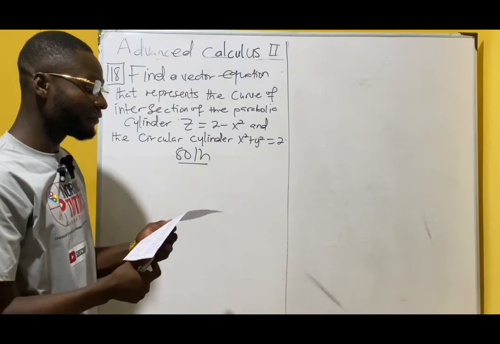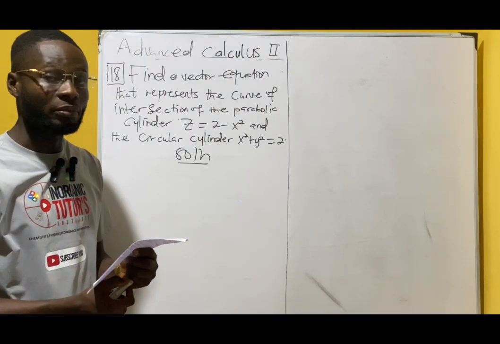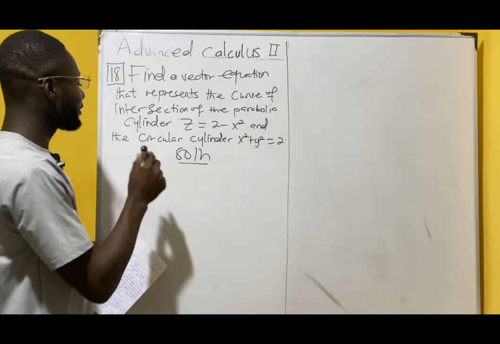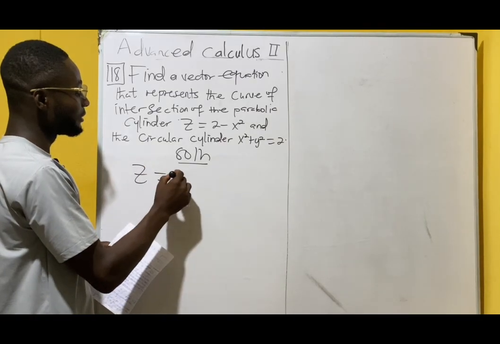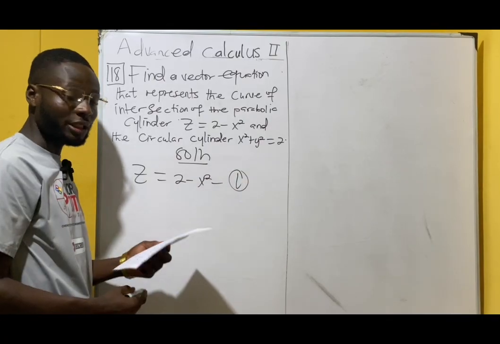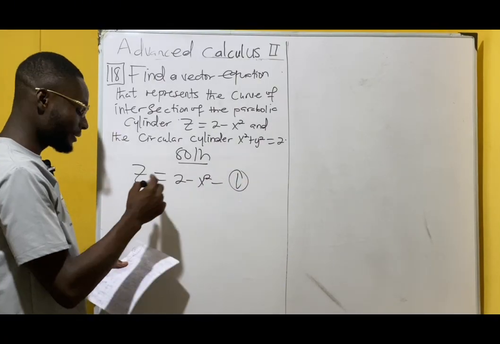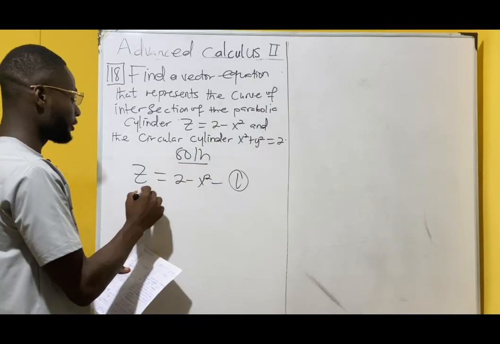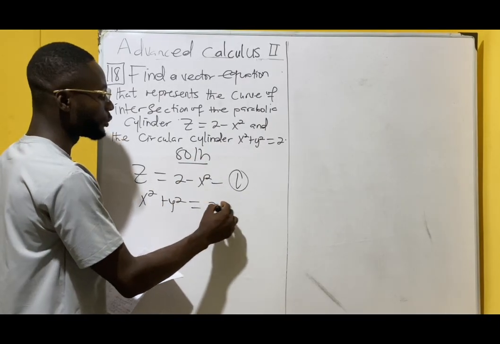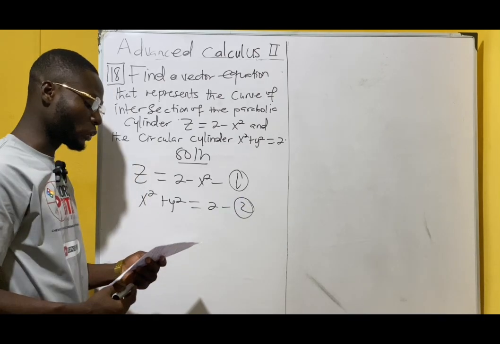So in here, we have been given two surfaces. The first surface is z equal to 2 minus x squared. So that should be our equation 1. And the second surface is x squared plus y squared equals 2. So let's name that equation 2.